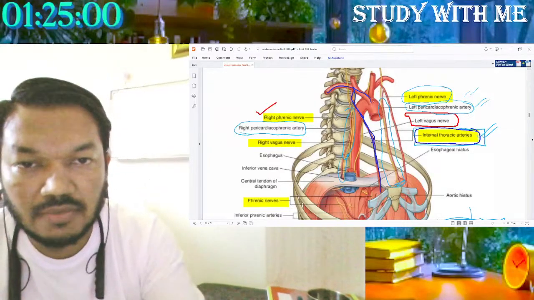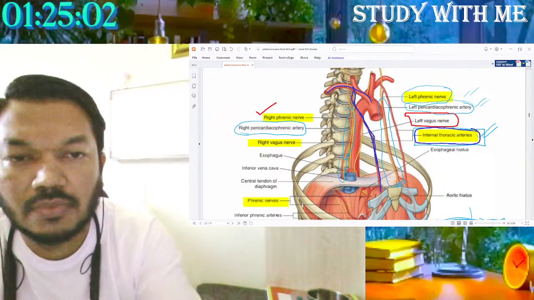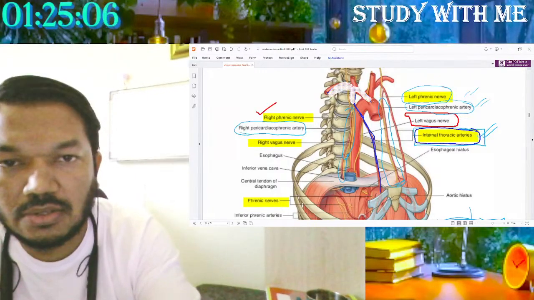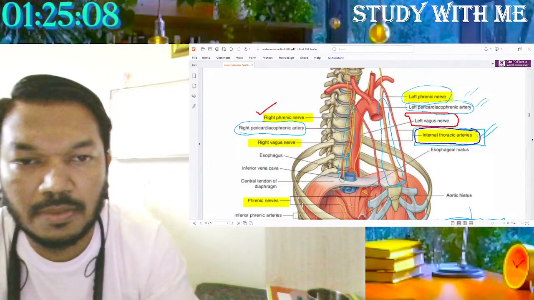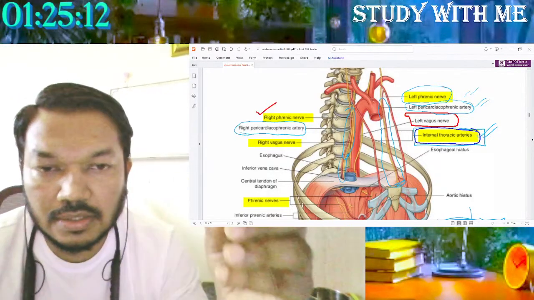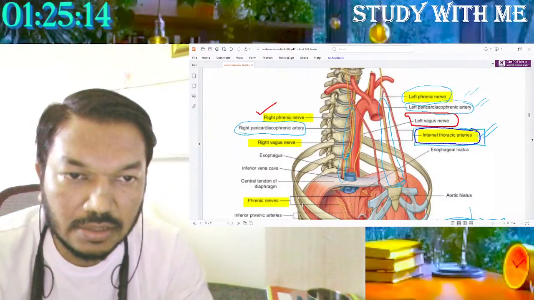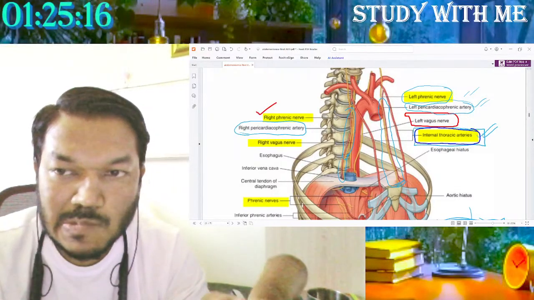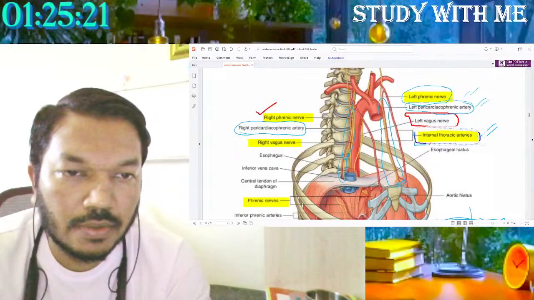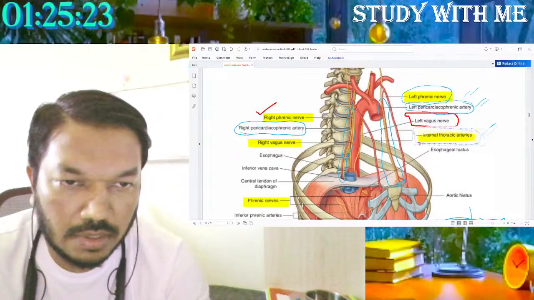So the superior epigastric vein, it is coming from where? Internal thoracic. And internal thoracic coming from? Subclavian.